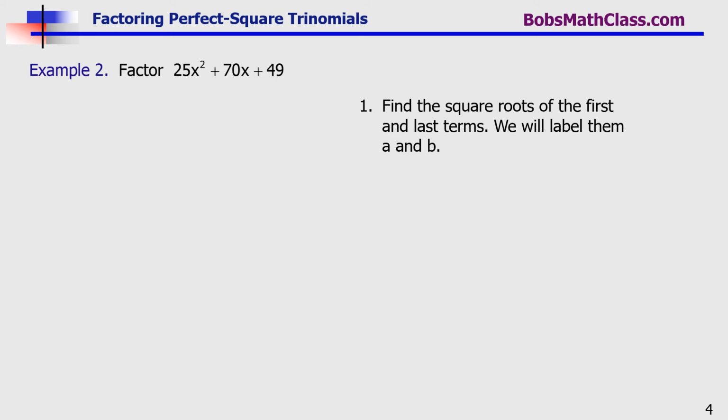Label them a and b. So what's our a? A is the square root of 25x squared. What's the square root of 25x squared? What times itself is 25x squared? 5x. And what's the square root of 49? 7.